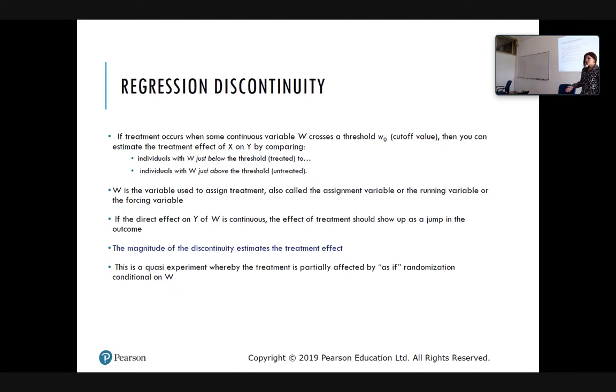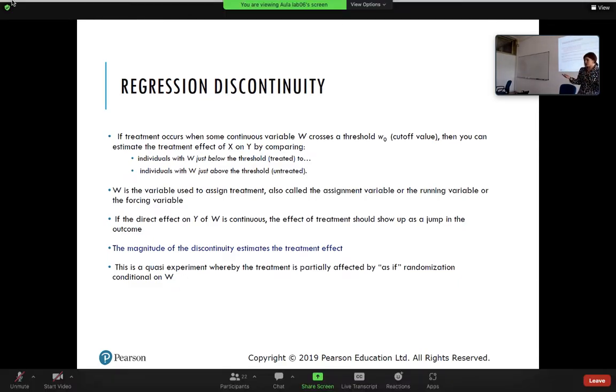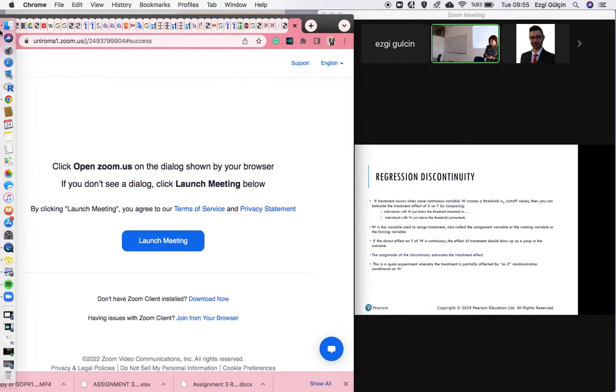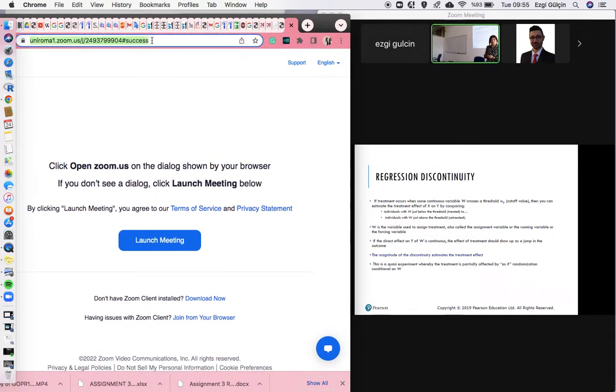Since you probably have the same characteristics in terms of some other variables, because you performed almost the same, so you were just below and just above the threshold. You were actually just at the threshold. So you probably do not have so many different characteristics in terms of other variables affecting the treatment effect. So this is what we want to estimate.